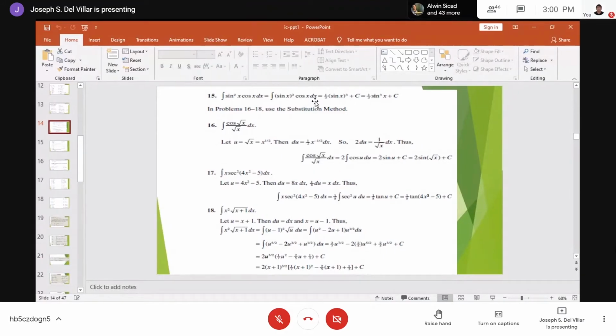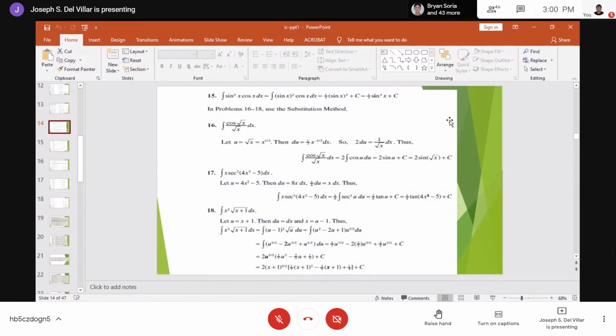Once you find out that it is already exact, all you need to do is simply add 1 to the original. So the integral of sine, we know, is negative cosine. The differential of sine is cosine x, so cosine x dx is an exact differential.